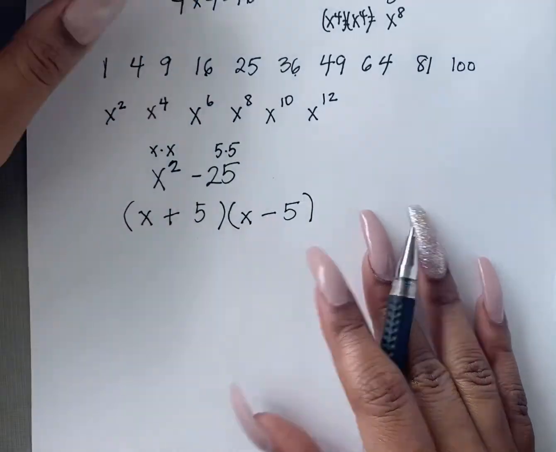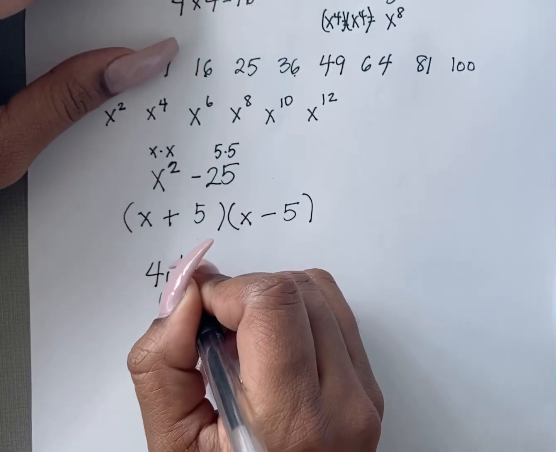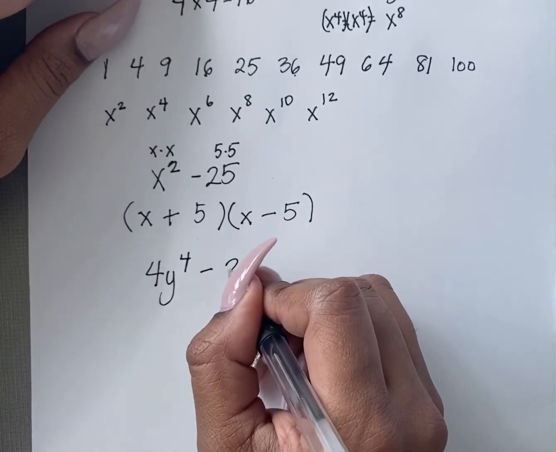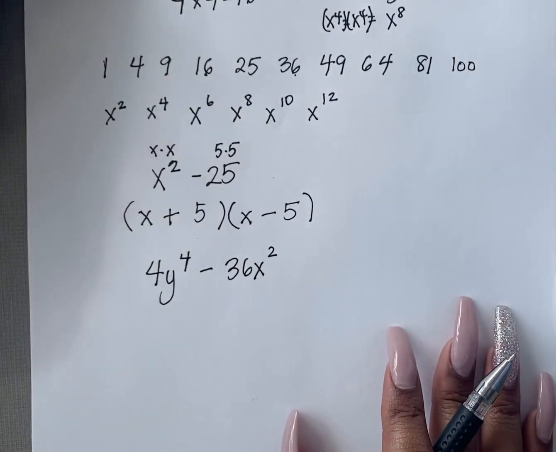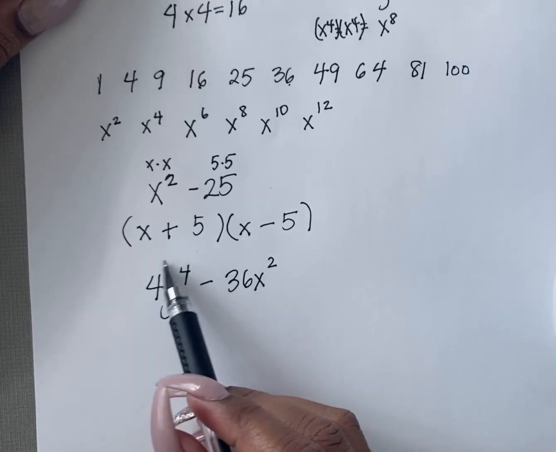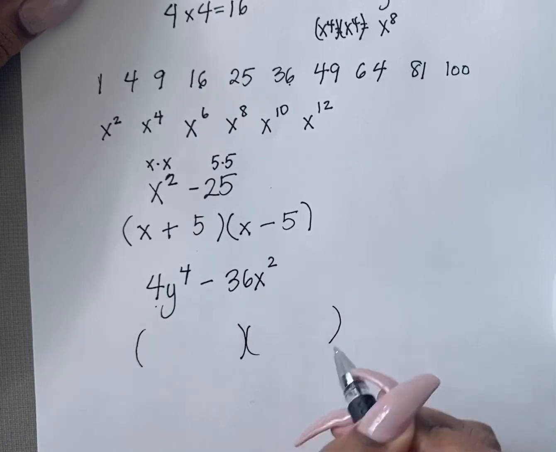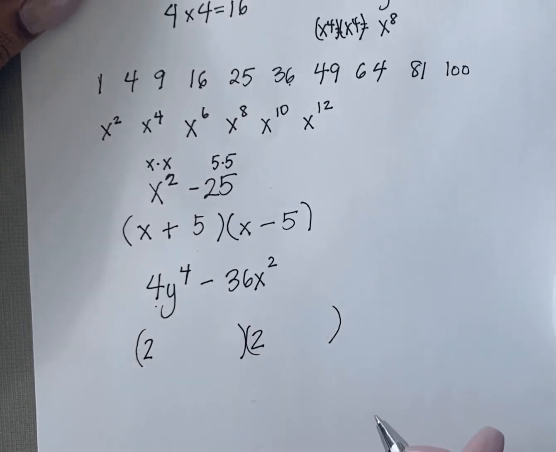I'm going to do another example. Let's say 4y to the fourth minus 36x squared. These are perfect squares. What do I multiply by itself to get this? 2 times 2 gives me the 4, so in the front I'm going to have a 2 and a 2.